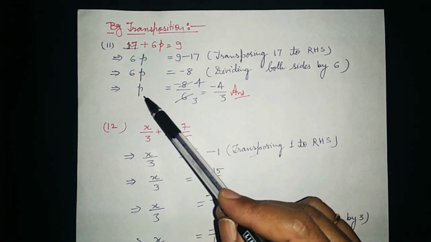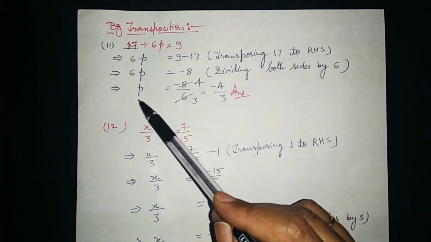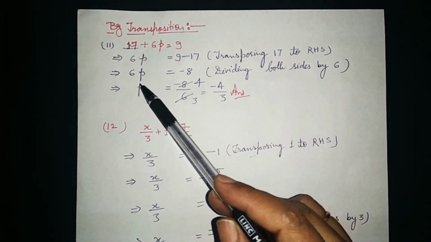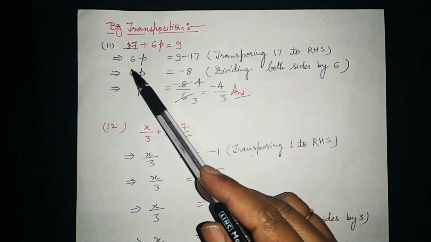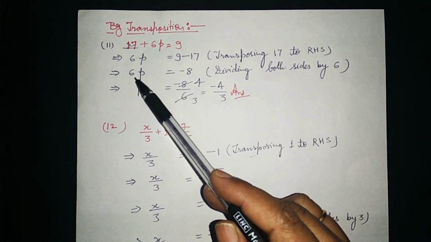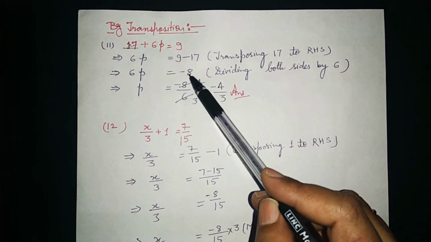Now we can find out value of unknown variable. Here 6 is in multiplication with this p. So what we will do now? We will divide both the sides by 6.